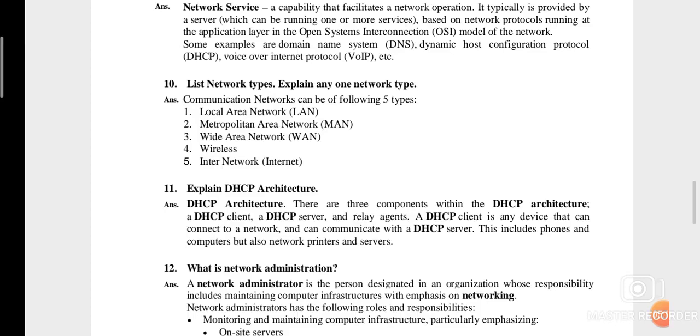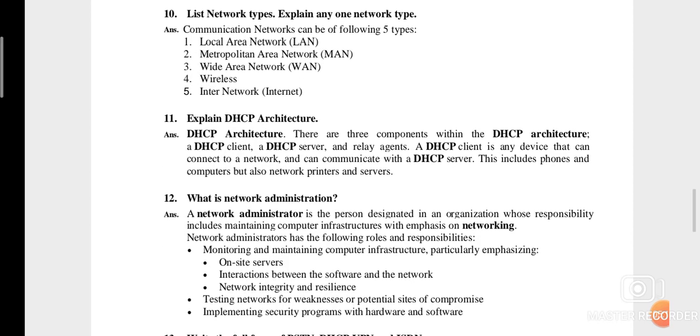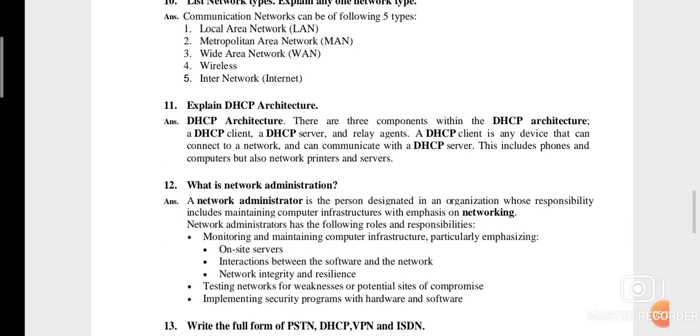Next, what is network administration? This is a very important question for the GTU exam, and this question has been asked many times again and again in the university exam. A network administrator is the person designated in an organization whose responsibilities include maintaining computer infrastructure with emphasis on network.